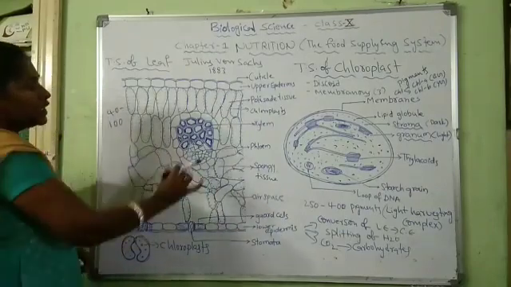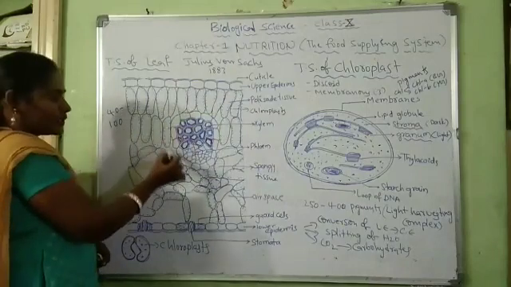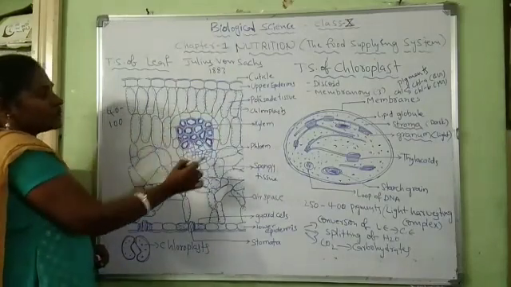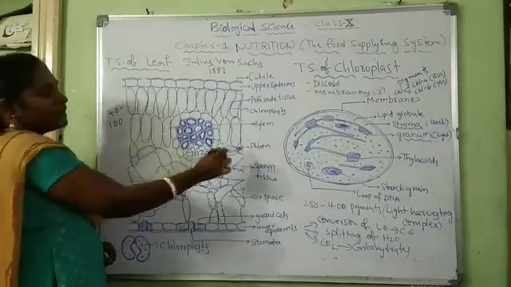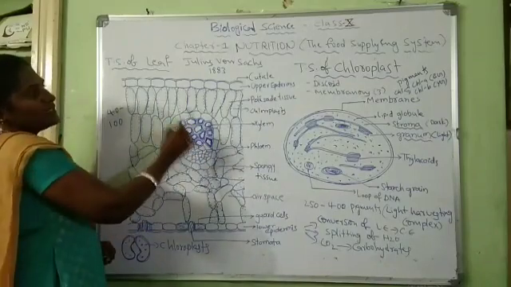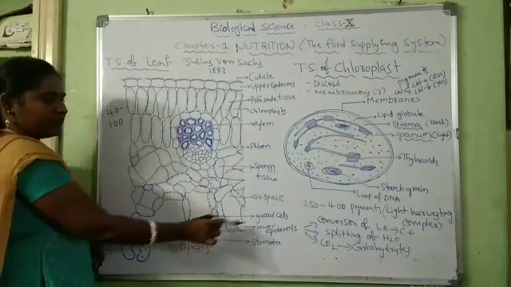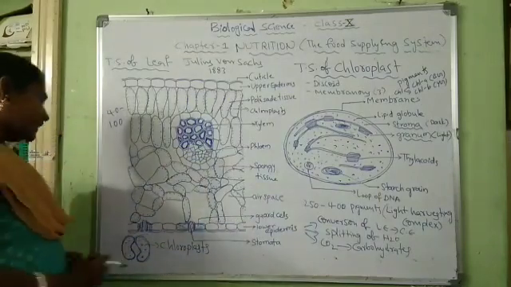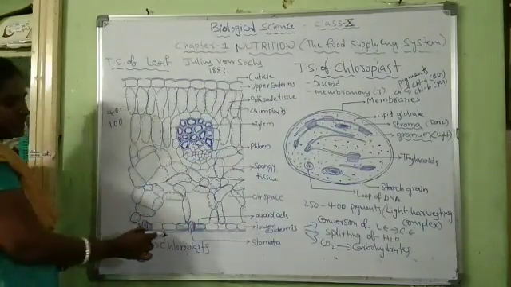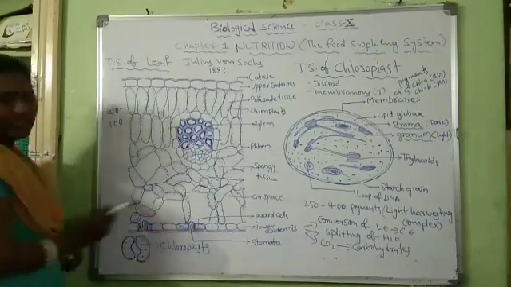In the middle of the leaf there is vascular tissue. In the vascular tissue there are xylem and phloem. Xylem is present towards the upper epidermis and phloem towards the lower epidermis. And stomata are present on the epidermal layers.